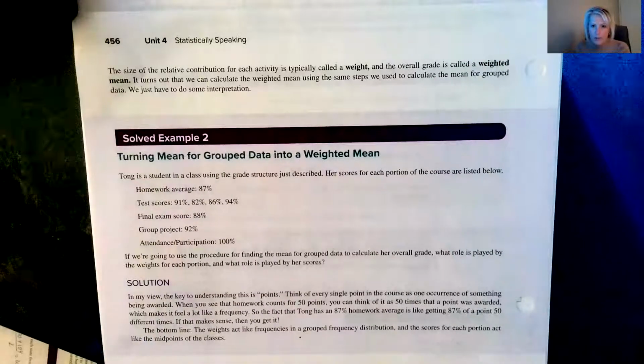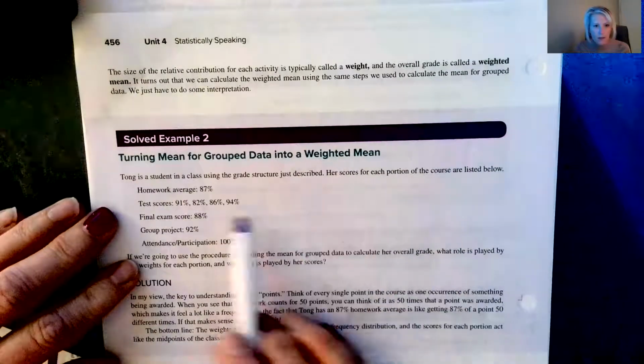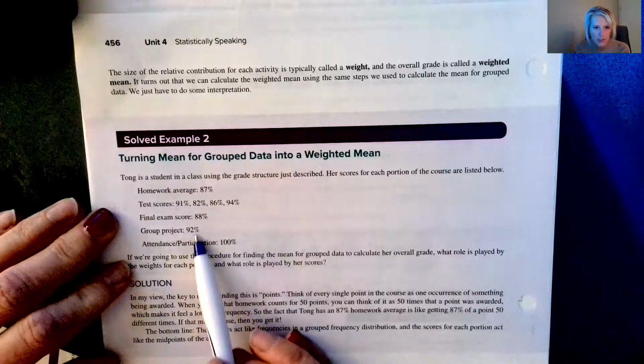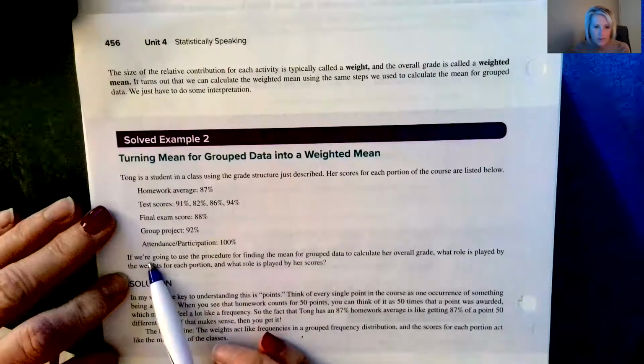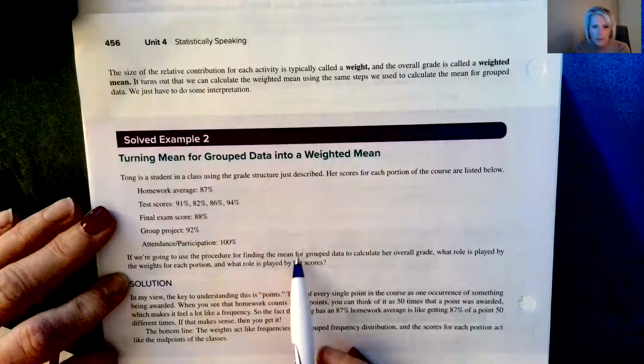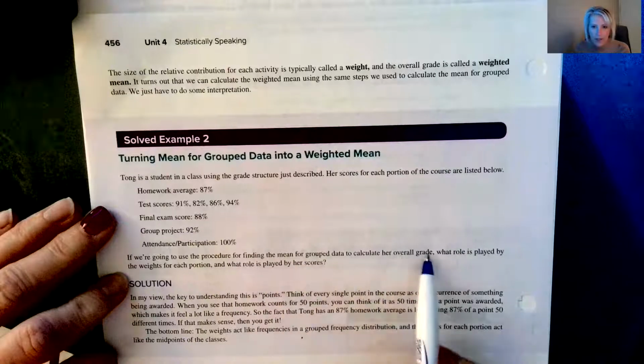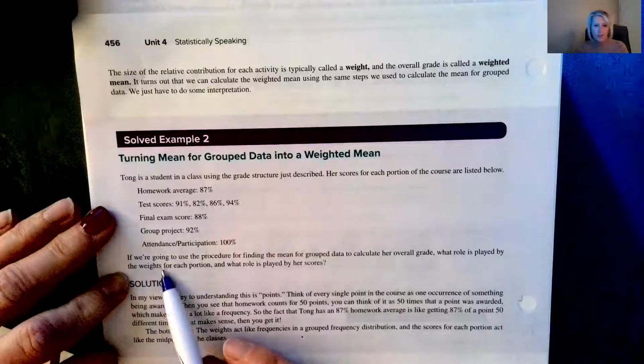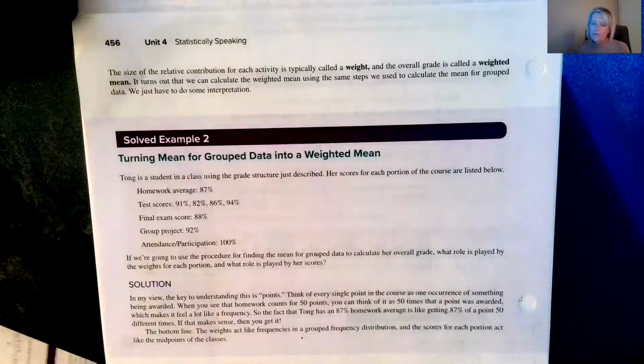Her scores for each portion of the course are listed below. Homework average, the 4 test scores, the final exam, the group project, and the attendance. So if you were going to use a procedure for finding the mean for grouped data to calculate her overall grade, what role is played by the weights for each portion and what role is played by her scores?